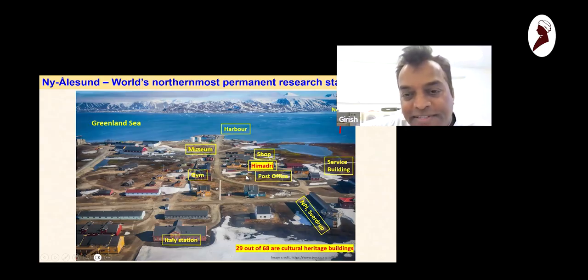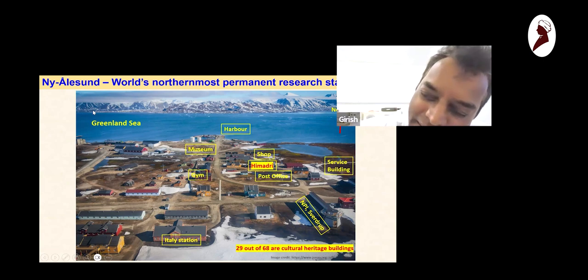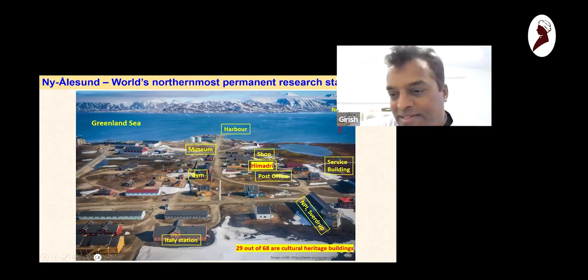This is one of the first buildings to come up in Ny-Ålesund. Many countries have their own research stations. There is the Italian station, and this is the Norwegian station called the Norwegian Polar Institute. There's also something called AWIPEV, where the German and French people operate that station and carry out mostly climate and atmospheric studies.